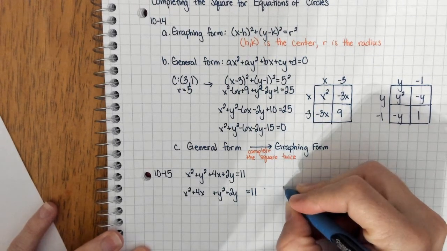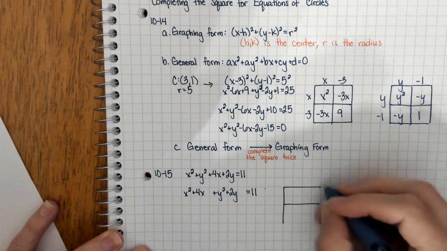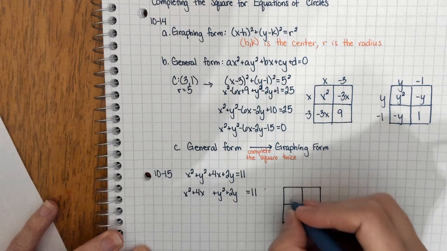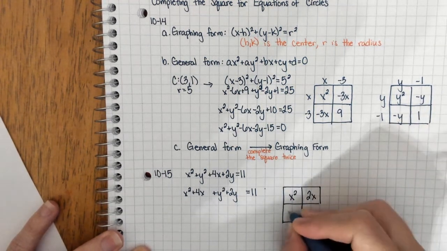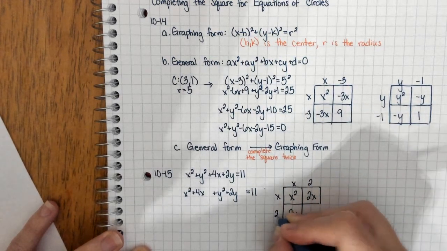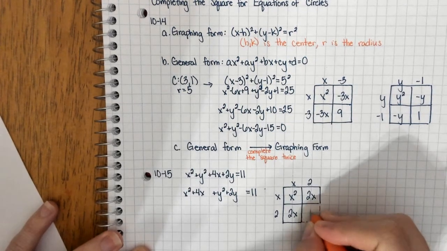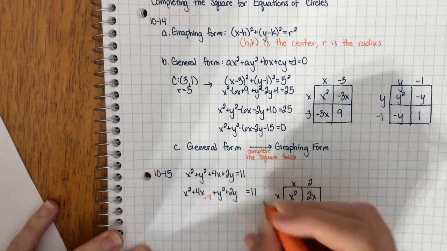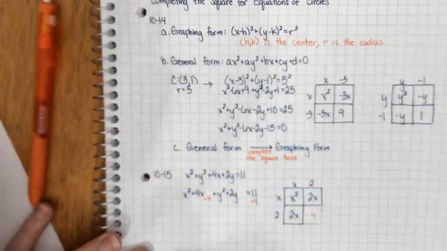So if I go ahead and draw my squares over here, so x squared, remember we cut this in half, so that's 2x and 2x. So x, x, 2, 2. To complete this square, we need to add 4. So I have to add a 4 here. And I also have to add it, remember, to the other side of the equation. Once on the left, once on the right.